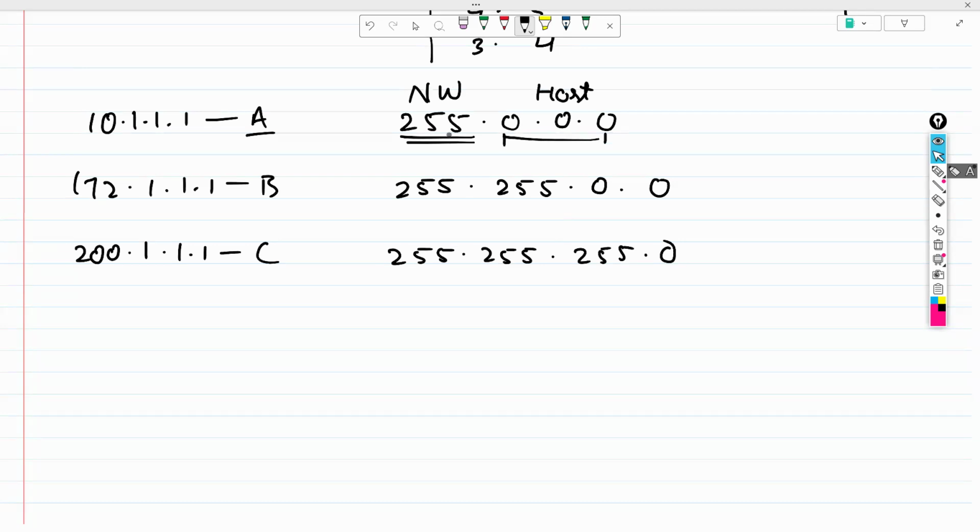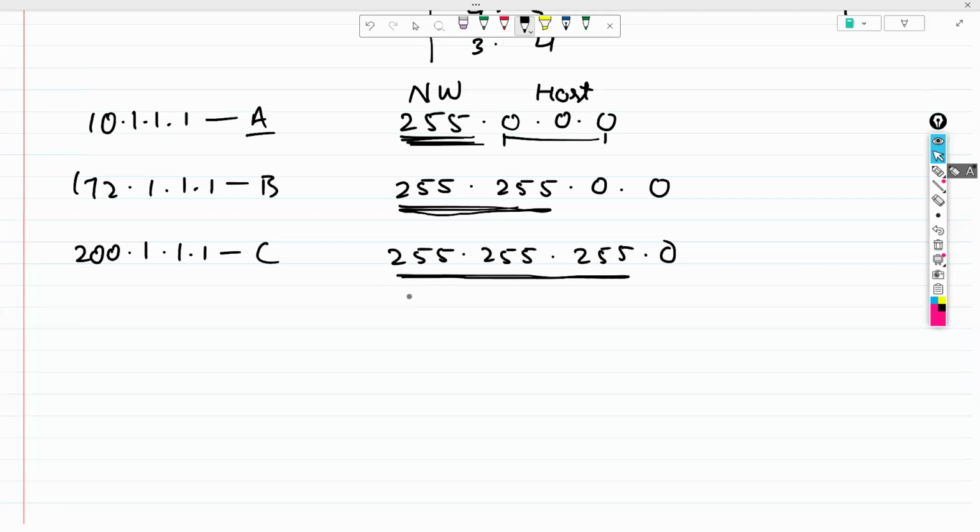So if you have just one single octet of 255, that is class A. If you have two octets of 255, that means it's a class B. If you have three octets of 255, that means it's a class C. We know that in class C, you have three network octets. These 255s tell you the network octets.